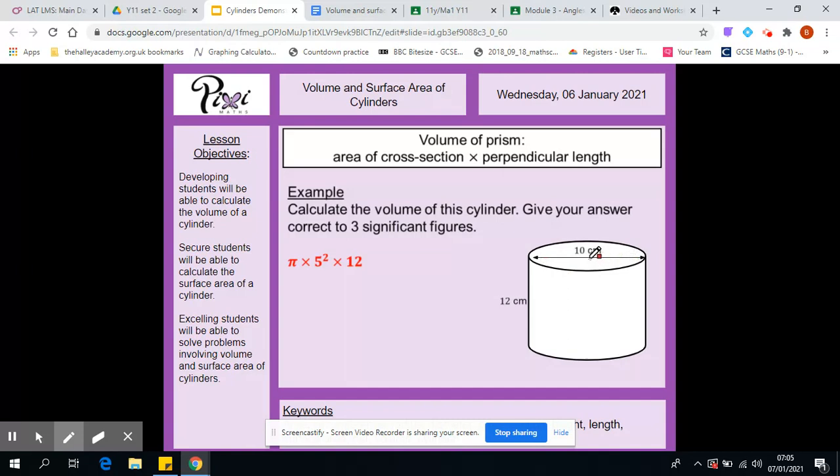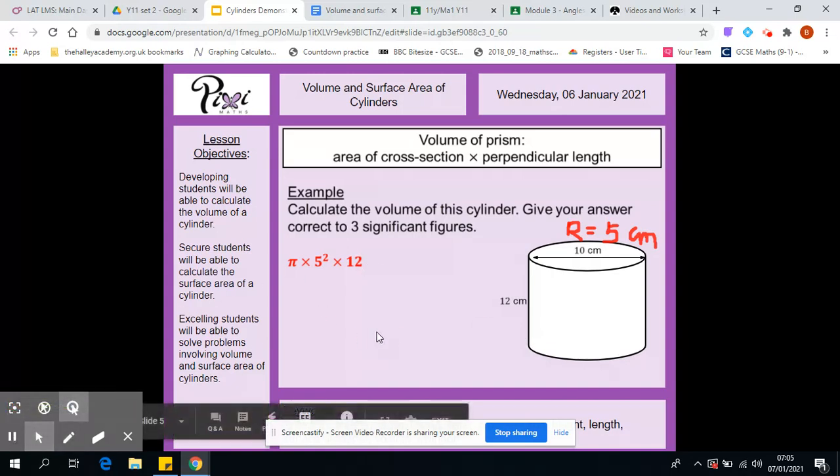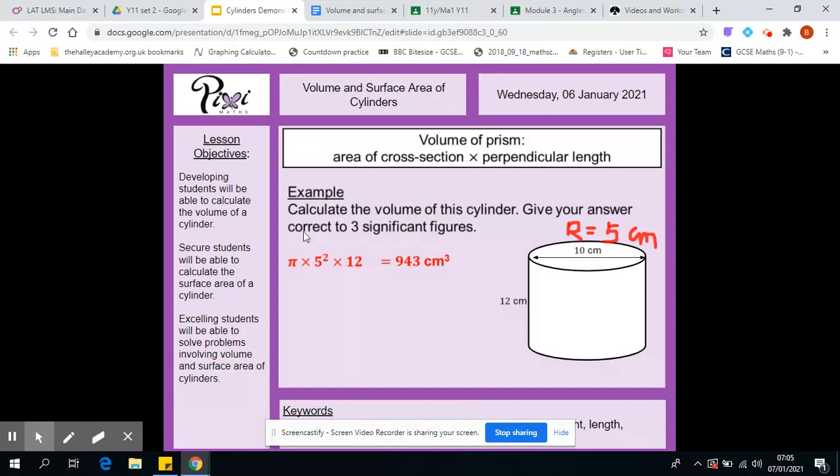Remember, the diameter is 10 centimeters, hence the radius would be equal to 5 centimeters. Now using the volume of the cylinder formula, pi times 5 squared, which is pi times radius squared, multiplied by its height, which is 12, gives us the volume as 943 centimeters cubed, correct to 3 significant figures.